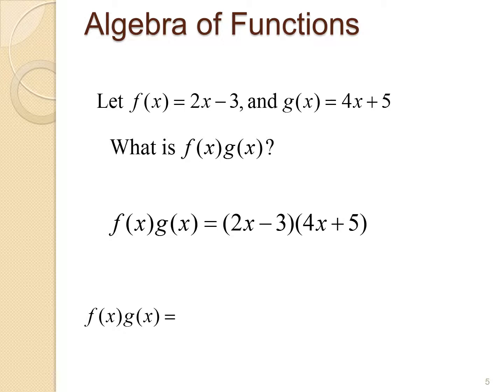Now when you do this, there are different ways that you can do this. I'm going to introduce the FOIL method. You can just use the regular distributive method for multiplying, it works fine. The FOIL method becomes a little bit easier when we're going to go backwards.